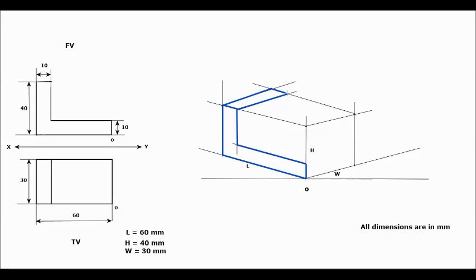So from the end point of your L plate, we have to draw a line parallel to the vertical line like this. Then from this corner point, you have to draw a line parallel to the 30-degree inclined line. The intersection of both lines will give you a point. Till that point, you have to draw your object lines of this vertical surface.